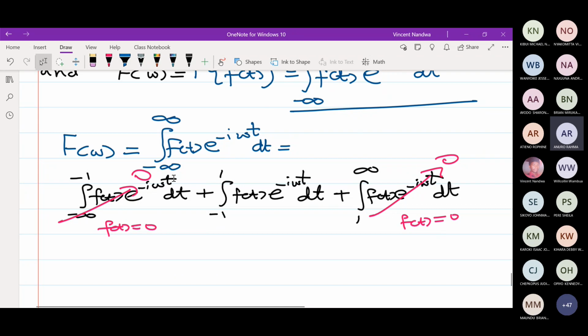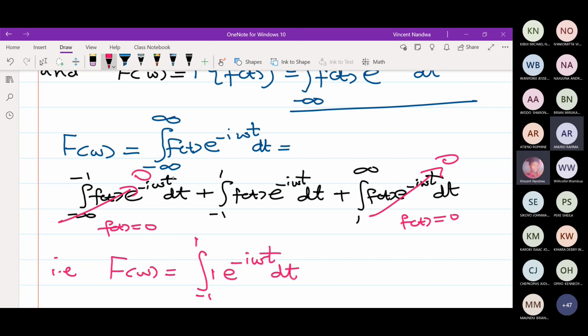That will mean f of omega is the integral from minus 1 to 1, f of t is 1, e raised power negative I omega t dt, which is nothing but the integral from minus 1 to 1 of e power minus I omega t dt.